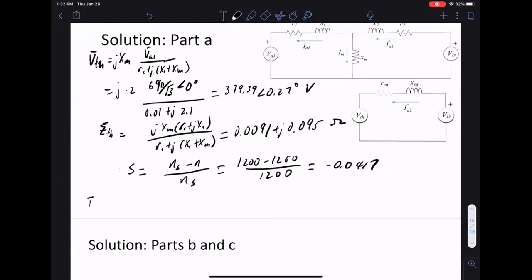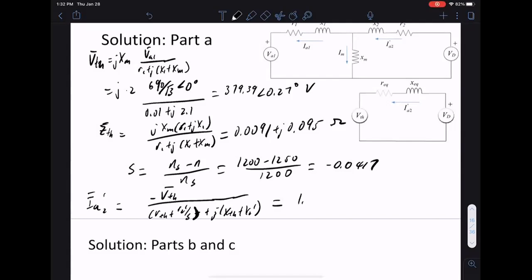Then we get IA2 prime. Again, we have an equation for all this: VTH over (RTH plus R2 prime over S) plus j(XTH plus X2 prime).